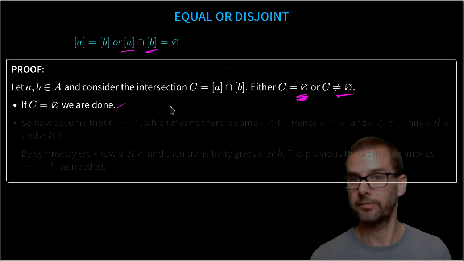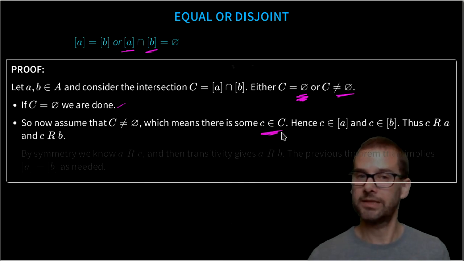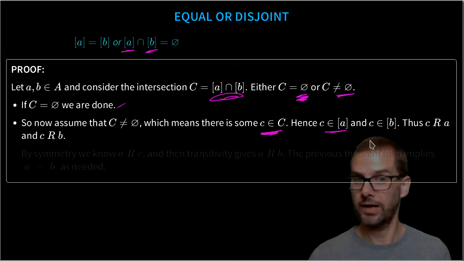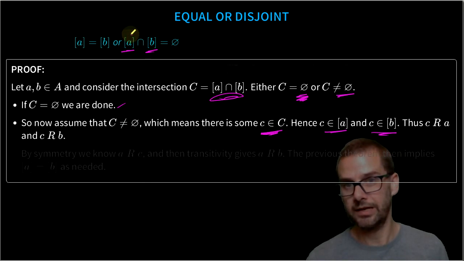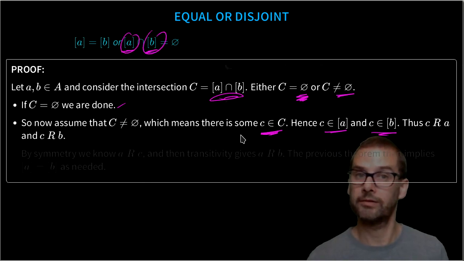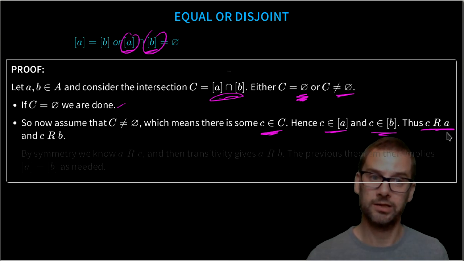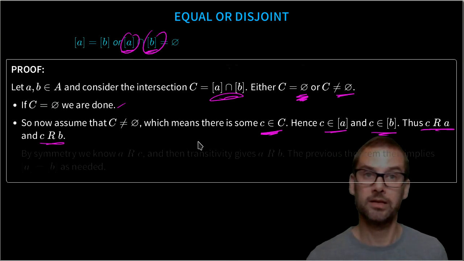On the other hand, if it's not empty, then there must be some element c that sits inside that intersection. Since c is in the intersection, it's in both classes. That is, c is in the equivalence class of a, and it's in the equivalence class of b. Because it's in the equivalence class of a, we know cRa, and because it's in the equivalence class of b, we know cRb.